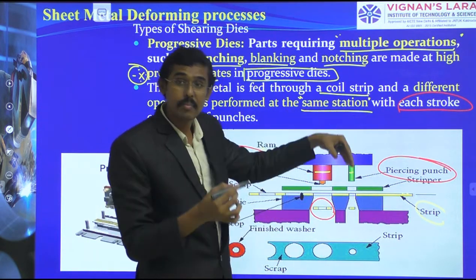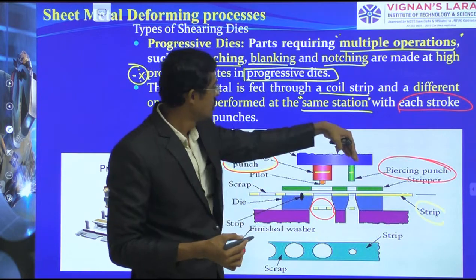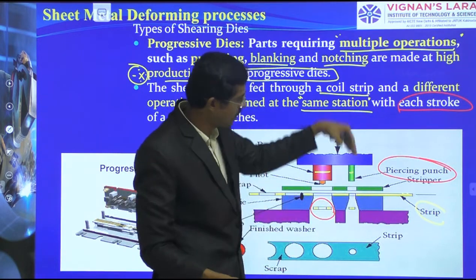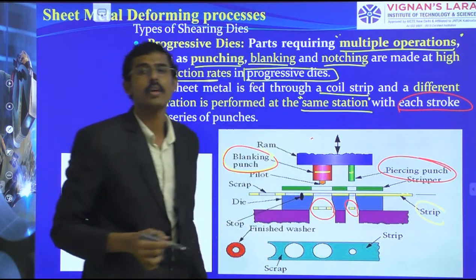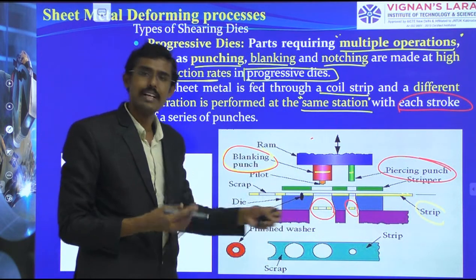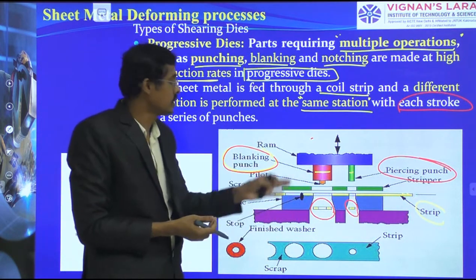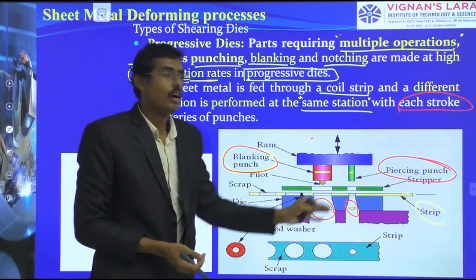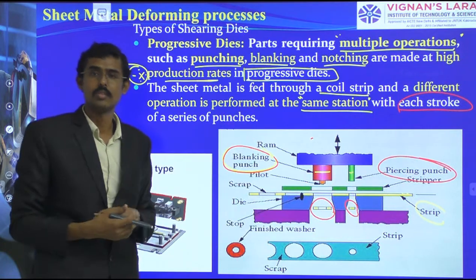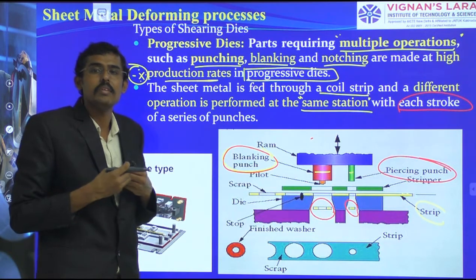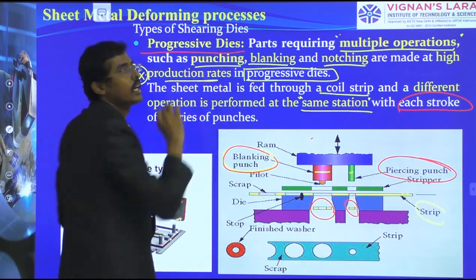At the same time, on the same stroke, the smaller punch will apply force there, and we are going to get a piercing there. So multiple operations, such as blanking and piercing, take place in a single stroke, and that is also at a high production rate. That is why I am naming this a progressive die.